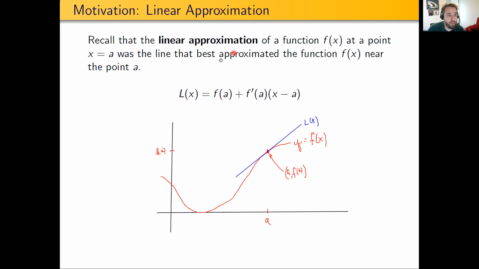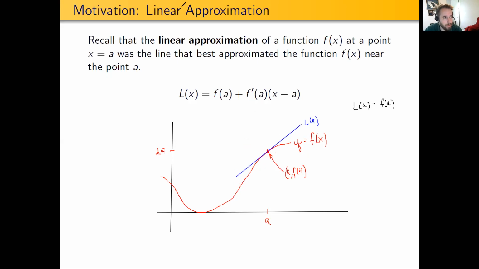Now, we said that this was the best approximation for the function f of x, because, first of all, visually, it is the line that seems to hug the function as closely as possible. If I were to zoom in on the picture right here, it looks like the line and the function are traveling very, very close to each other. But we can also observe that at the point x equals a, not only do we have L of a equals f of a, right?